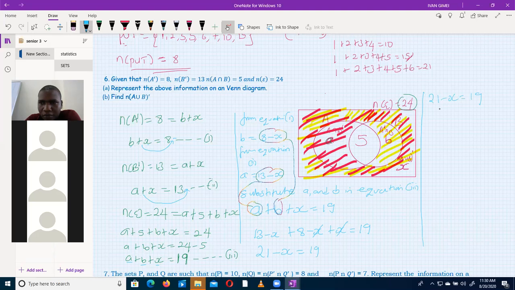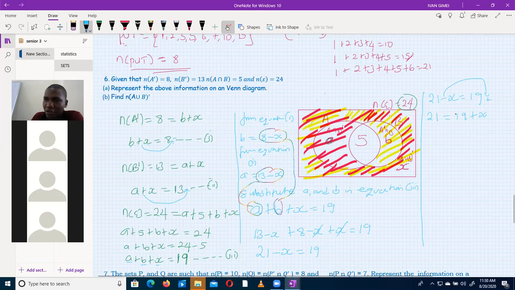Well, there are two options. We can either choose to move x to the place of 19 or we move 21. Okay, let's choose one. Let's move x the other side and 19 comes this way. So we shall have 21 equals 19 plus x. That means this x has crossed the equal sign and the sign has become positive.